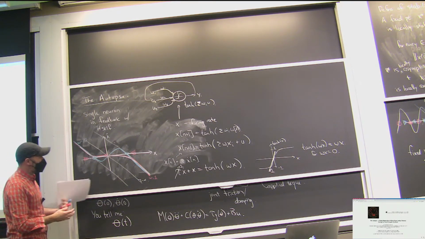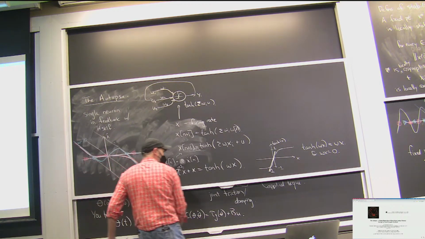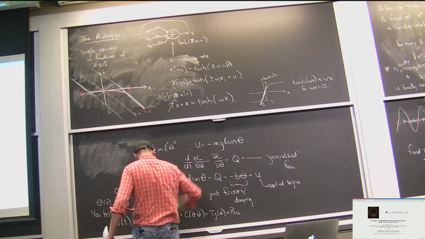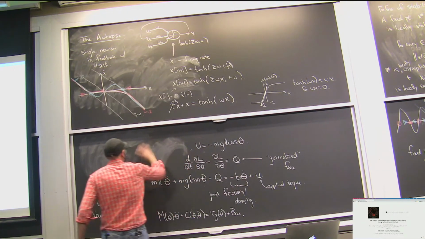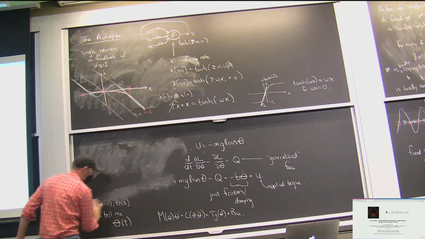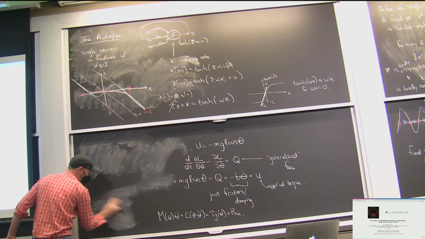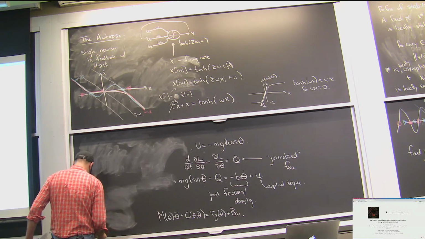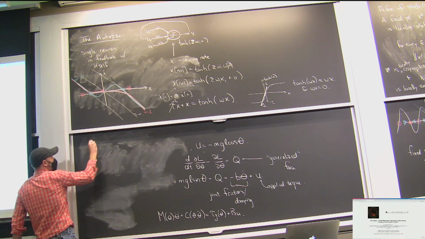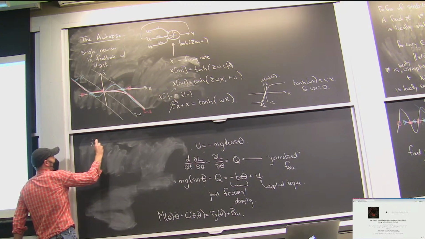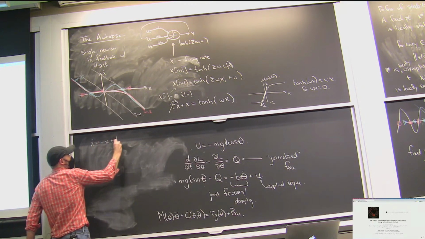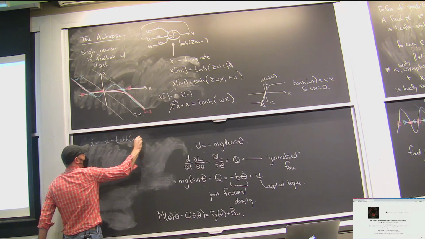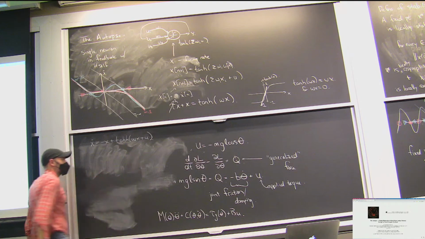So what if I were to now say I had an additional input? So if I have x dot equals -x plus tanh of wx plus u, some exogenous input.